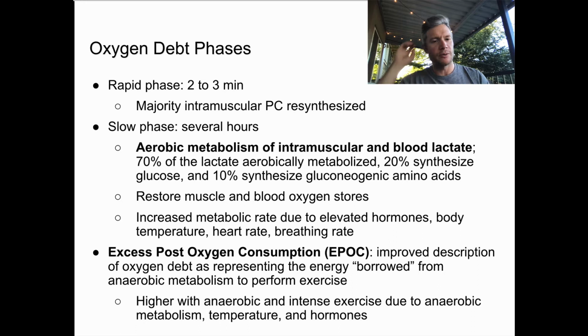Okay, and so when we're talking about that phase in particular, 70% of lactate is aerobically metabolized. Okay, so again, if you're thinking back to the Cori cycle and curious about how much that plays in effect, that's really only 20%, and then 10% is through gluconeogenic amino acids and resetting ATP and regenerating intramuscular and blood lactate levels, right?